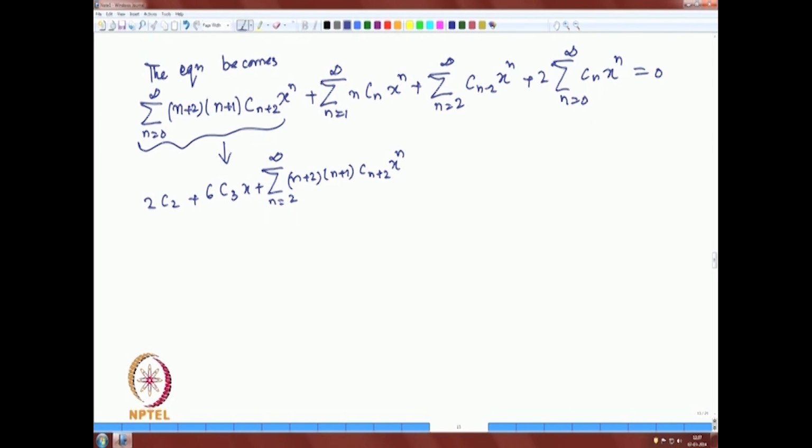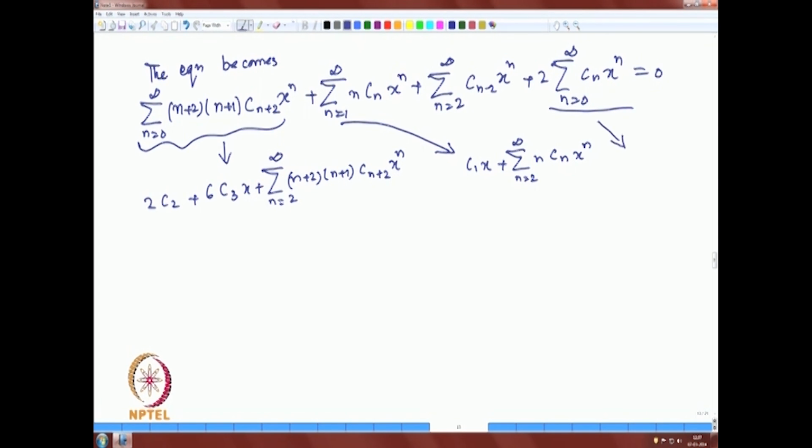And similarly, the second term can be split as c_1 x plus the common range n equals 2 to infinity n c_n x^n. And the third term we do not have to change.